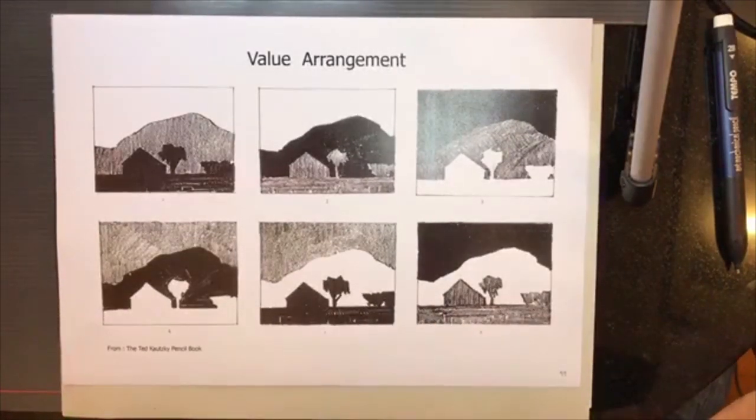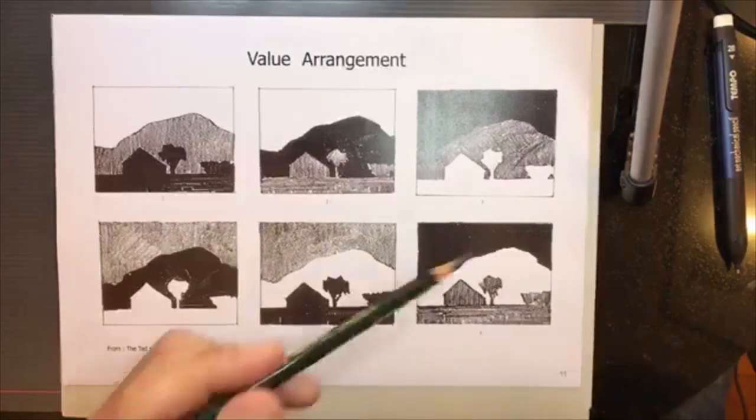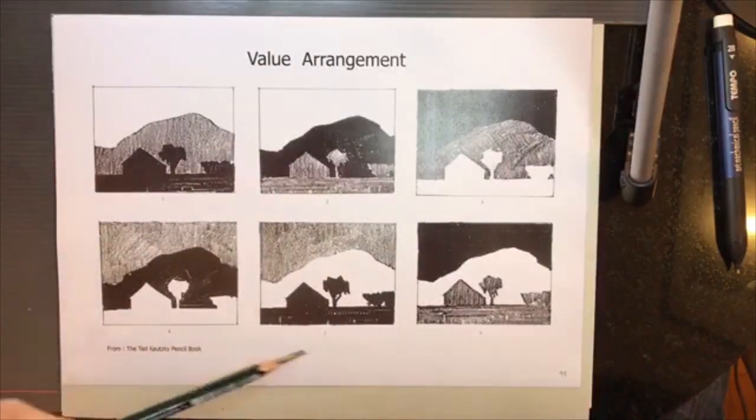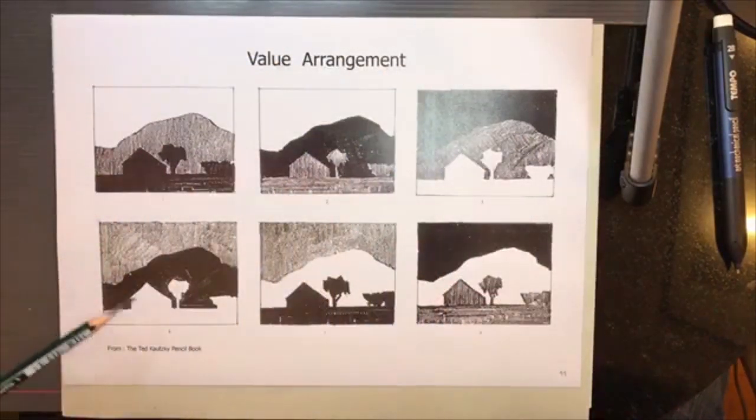Some people may ask whether the far away should be dark or should be light. If the tree is in the foreground, should be dark or should be white. This is the answer. You can arrange and manage your value, your tone by yourself.